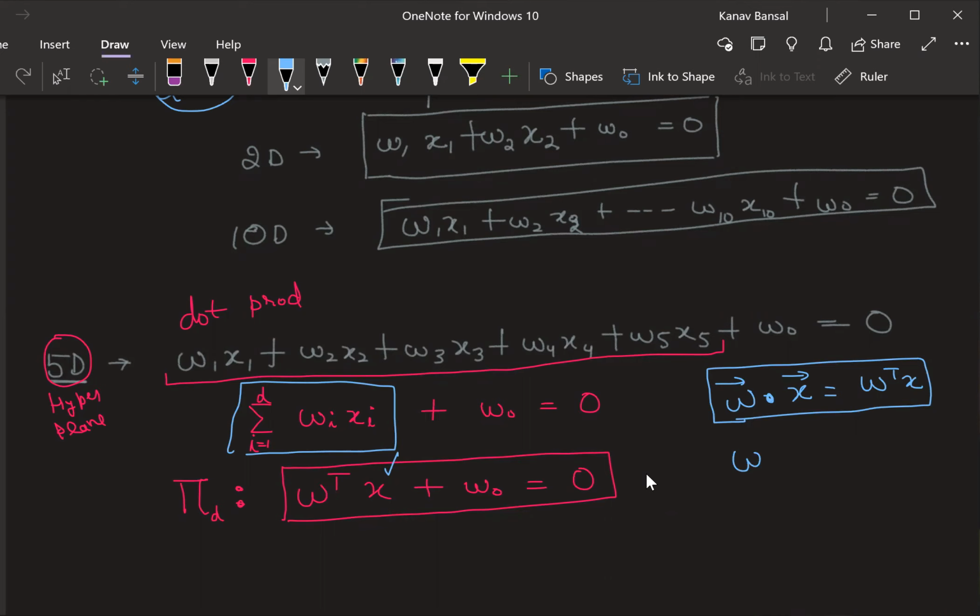We already know that w dot x is equal to the sum of wi xi, i going from 1 to d. We also know that w vector dot x vector is equal to length of w, length of x, and then cos theta. We already know these equations, so I'm just using this equation to write this thing. Making sense now?